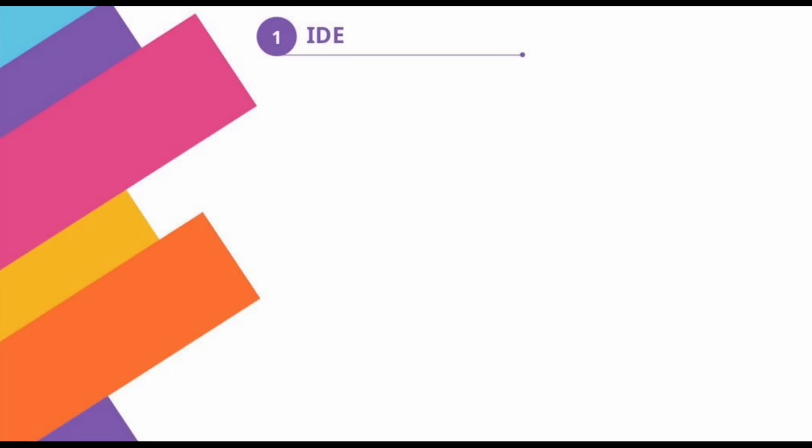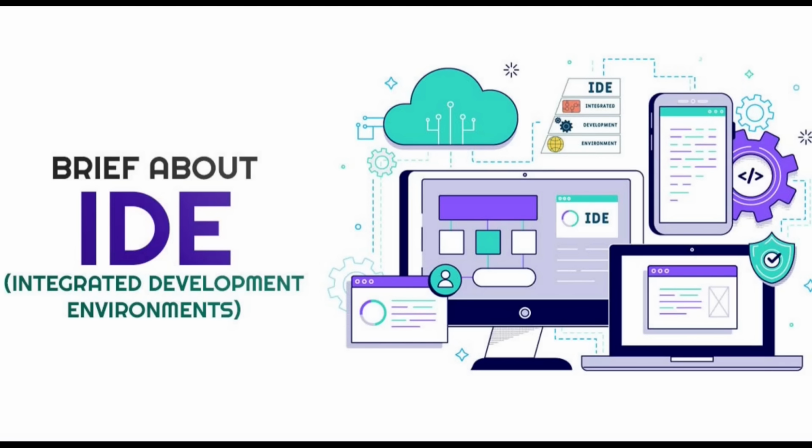As a first tool, I want to talk about a code editor or IDE. We need a proper IDE to start programming inside an environment. An IDE is a software application that provides a comprehensive development environment for coding, debugging, and testing.